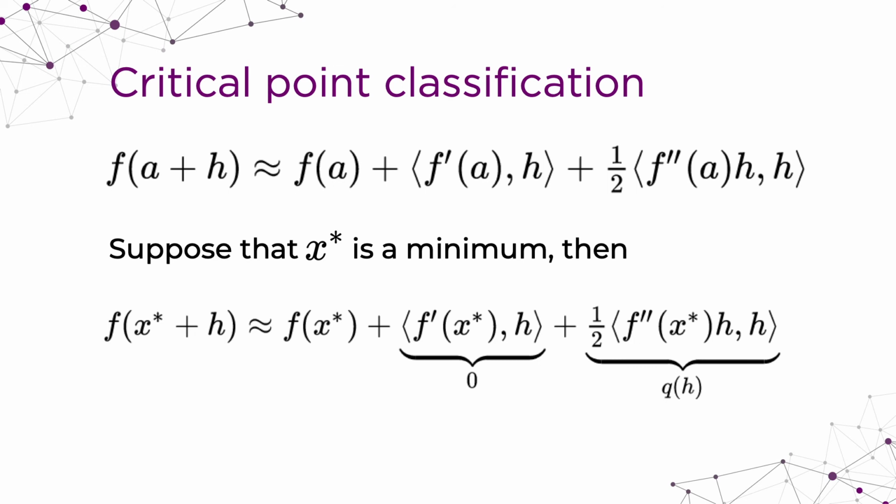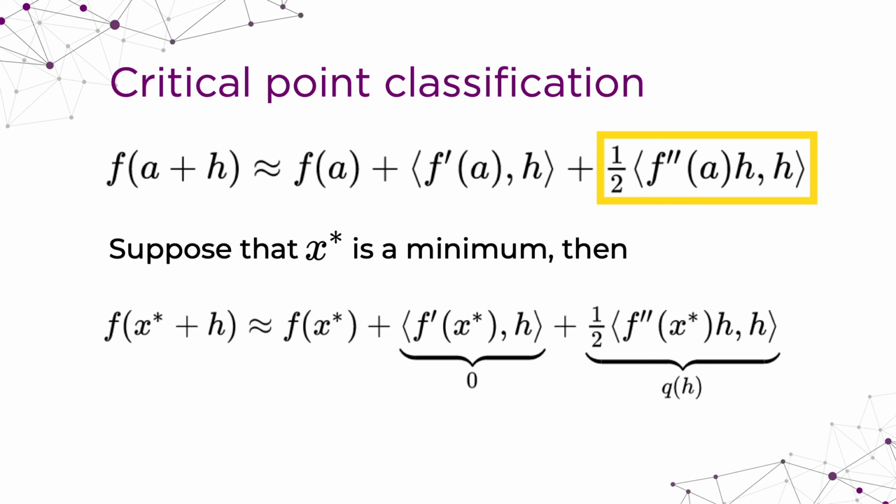Okay, so now how can we classify our critical point? We need another piece of information, a second order term here. So we have our linear approximation. It's a scalar product between the gradient and the step h. And we will compute this quantity, f prime prime of a, which is the Hessian of the function. So the Hessian is a matrix where each component is a second partial derivative with respect to the variables.